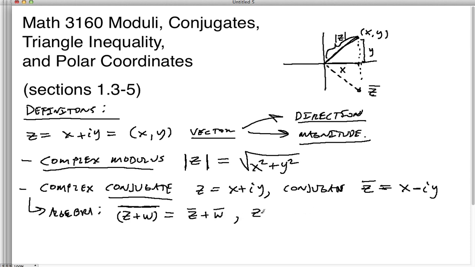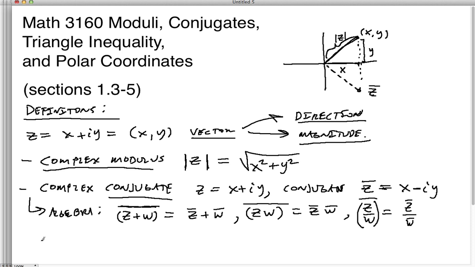Also, if I have a product, zw, the conjugate of the product is the same as the product of the conjugates of the two numbers. And the same thing for division: the conjugate of the quotient is the same as the quotient of the conjugates. And so on and so forth. So every basic mathematical operation we have works very nicely; it essentially commutes with this operation of conjugation. Okay, so that's good.